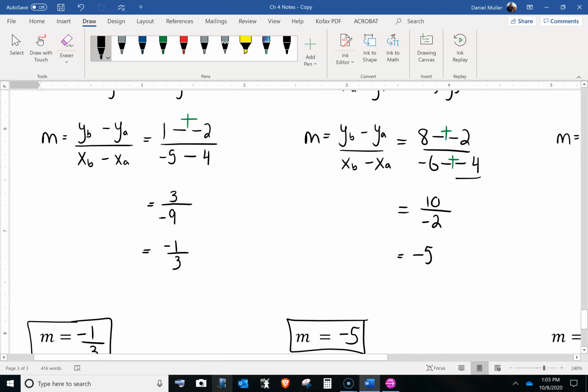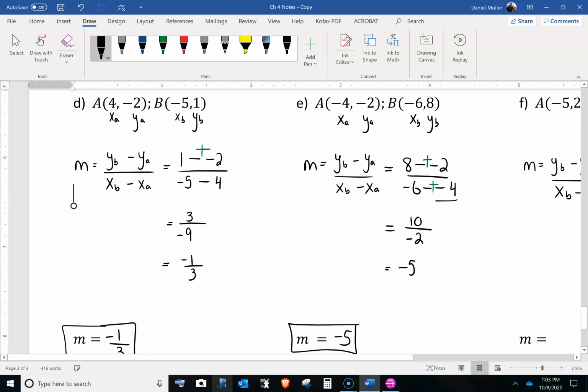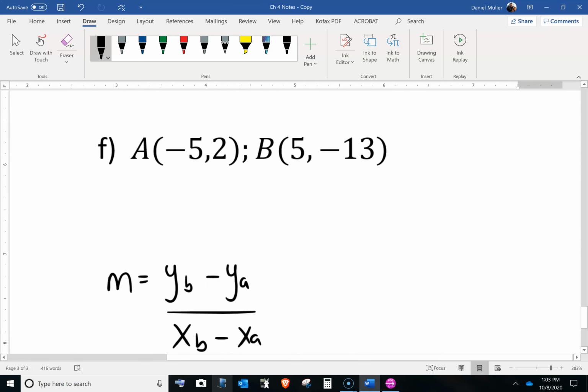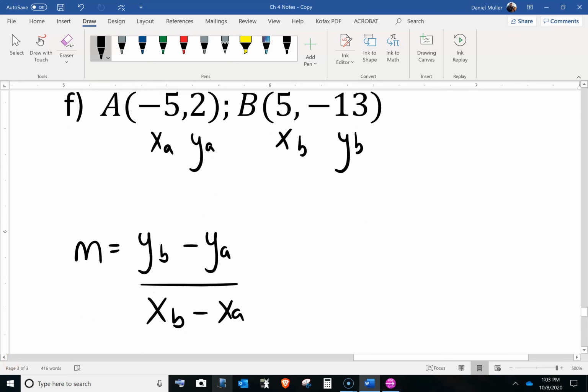So I'll just let you see those two in case you need to copy anything. But we have one more to do. So X and Y, X and Y, that's our A, and these are our B's. So let's do our slope here. YB is a negative 13 minus YA is a 2.